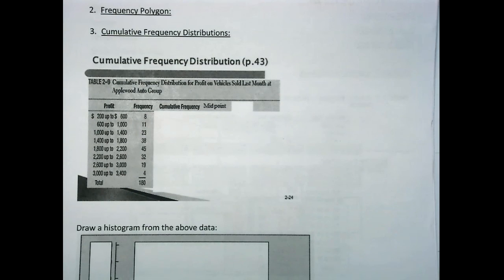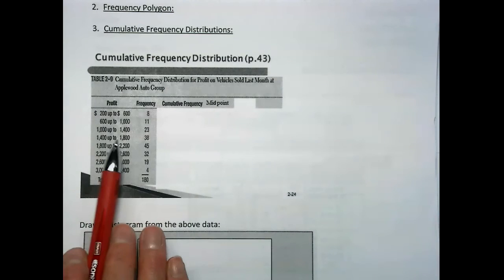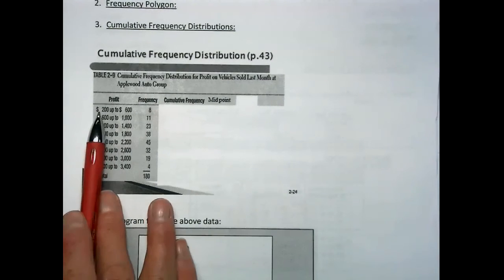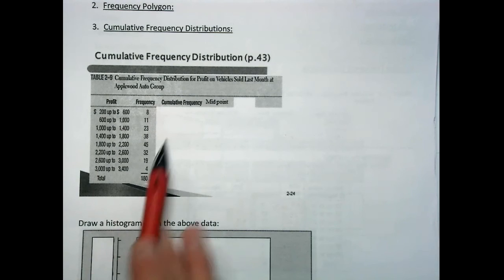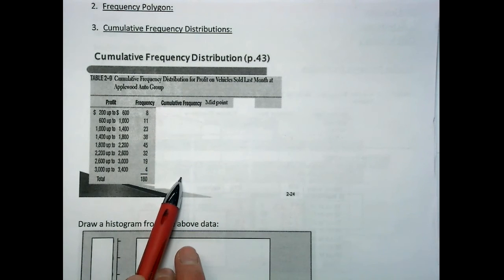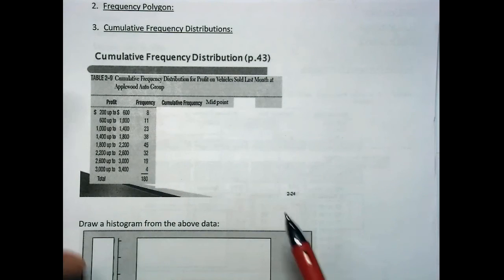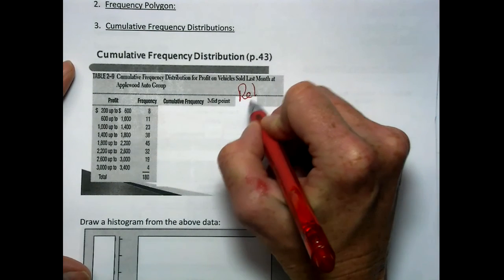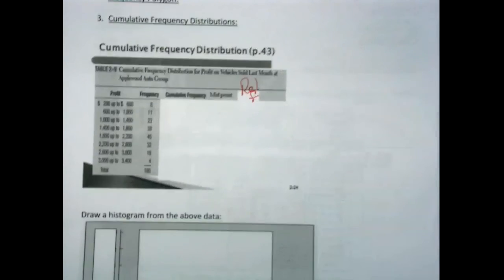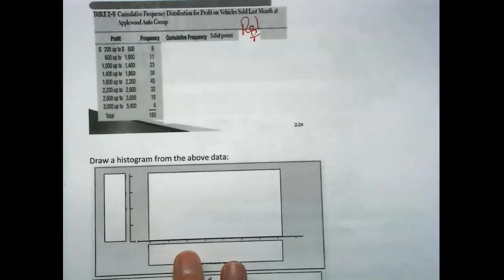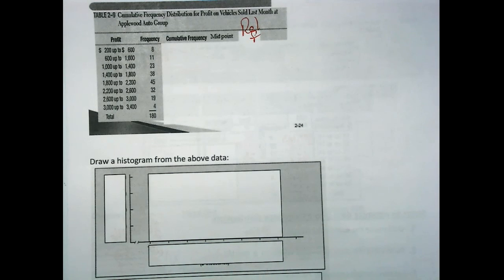What I recommend now is on your handout, I have profits for 180 cars sold. I recommend you practice cumulative frequency, midpoint, and relative frequency calculations, and then practice drawing a histogram, a frequency polygon, and a cumulative frequency polygon.